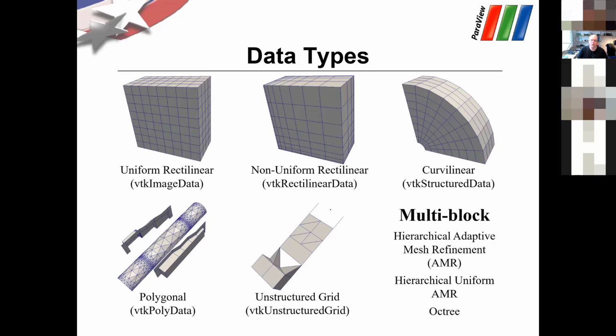And in all of these data structures, you can provide data in the nodes. Let's see if I can annotate here. So you can have data on the nodes here. You can also provide data in the cell. So if you look at here, for example, you can provide data as a cell for each element here.